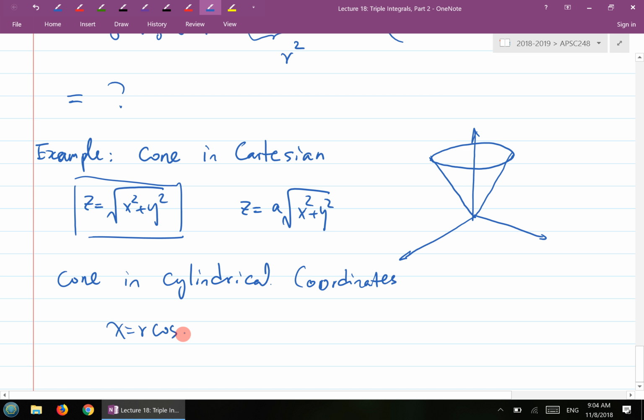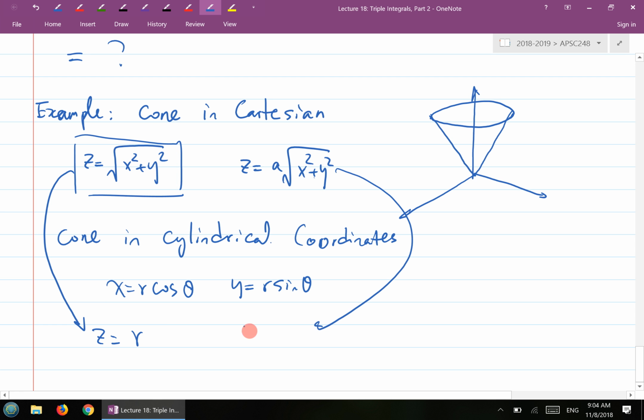But what does z equal to r mean? Well, over here you get z equal to r, and over here you get z equal to ar. So let's go back to this drawing and think about what z equal to r means here.